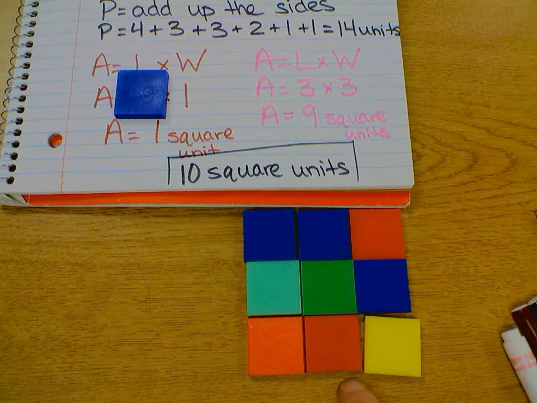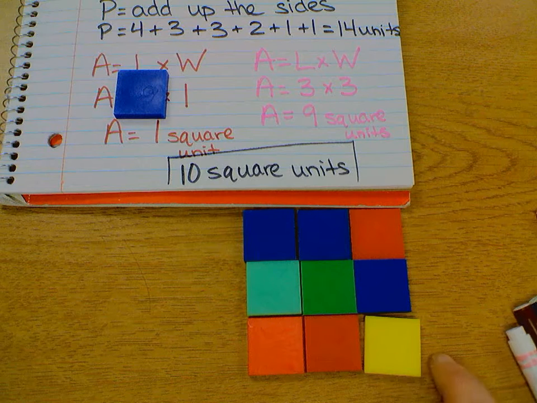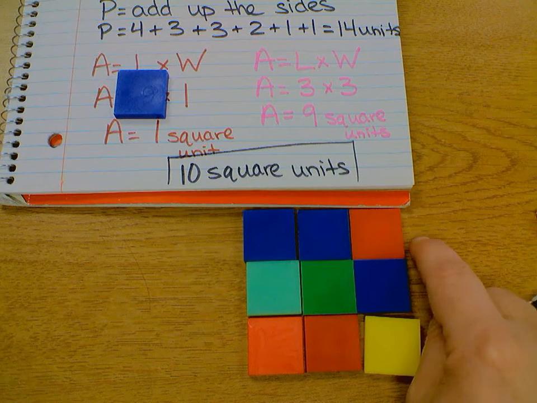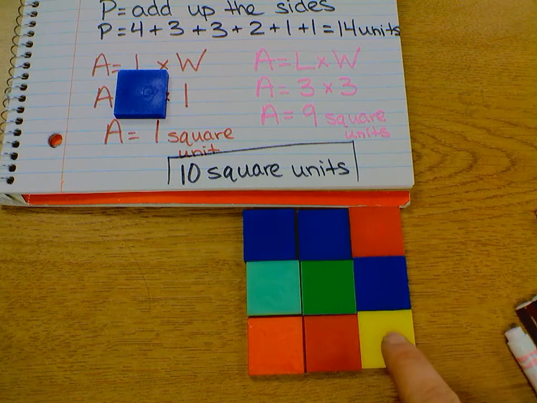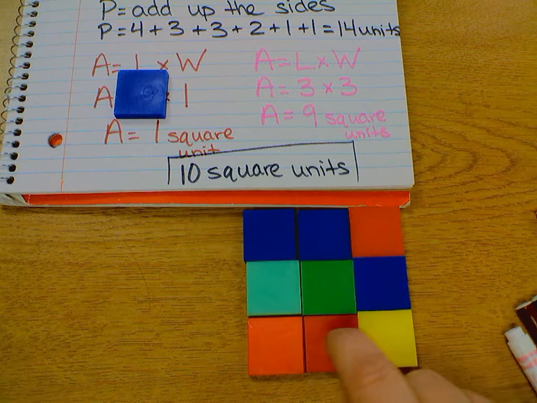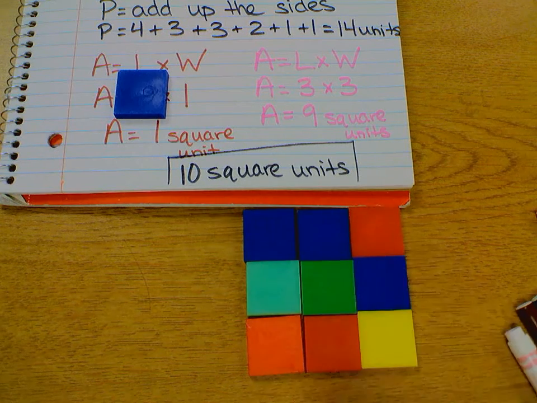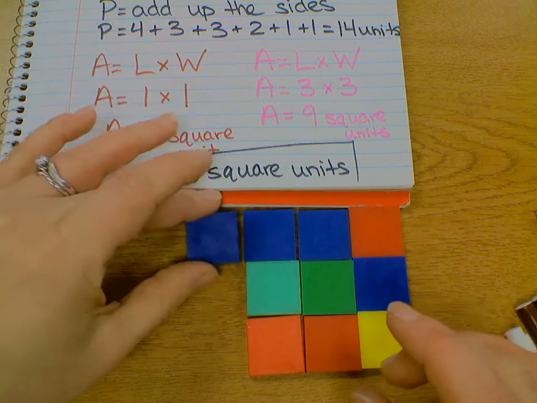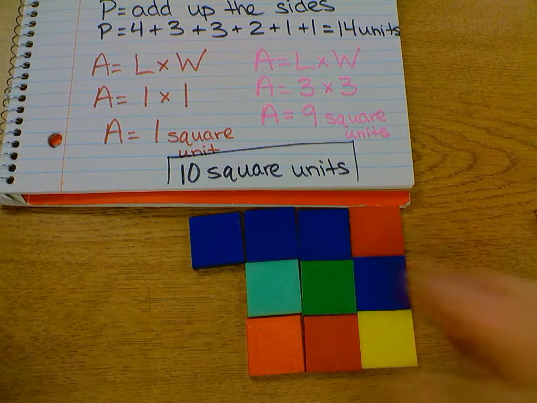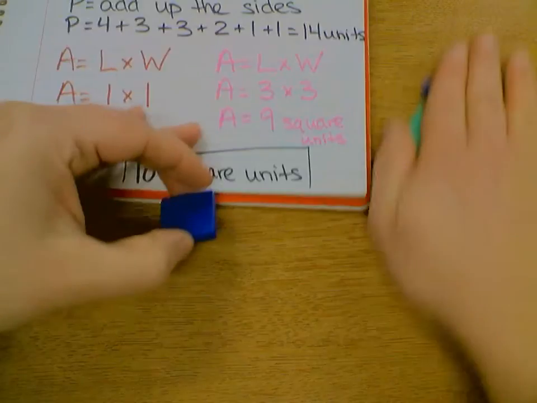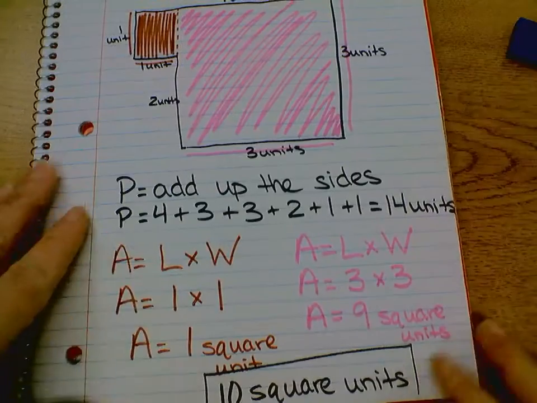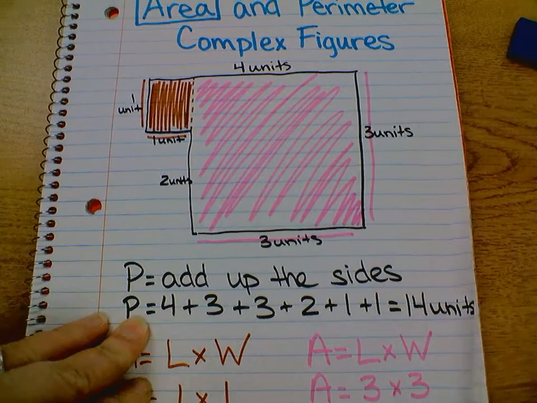And I did 3, because there's 3 for the length, times 3 for the width, and that gave me 9. Let's count it. We have 9 here. 1, 2, 3, 4, 5, 6, 7, 8, 9. When you add those two numbers together, you get 10. Okay, so short and sweet. That's what this video is all about.